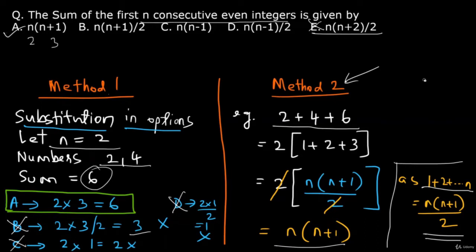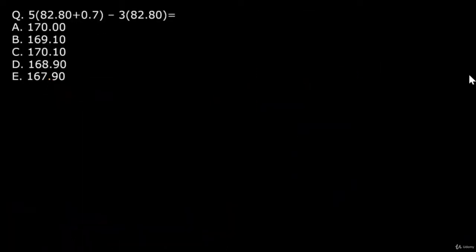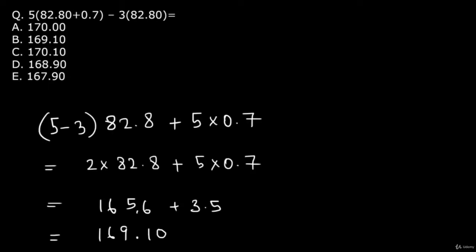Let's move to the next question. Alright, so 5 into 82.8 plus 0.7 minus 3 into 82.8. So this is a fairly straightforward question. You just need to solve it. Over here you have 5 into 82.8, and over here you have 3 into 82.8. So it's all about solving it in the best manner.